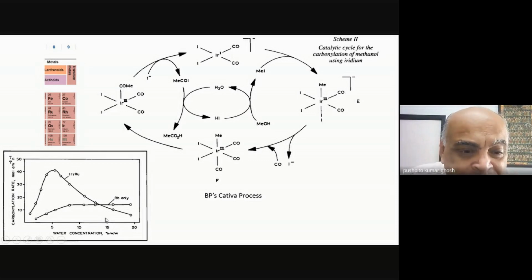What they found is that whereas the rhodium catalyst had this kind of behavior where higher concentrations of water favored the reaction, in the iridium case, and also with ruthenium, mind you, but largely it is iridium based, the catalytic rate firstly was much higher than with rhodium.